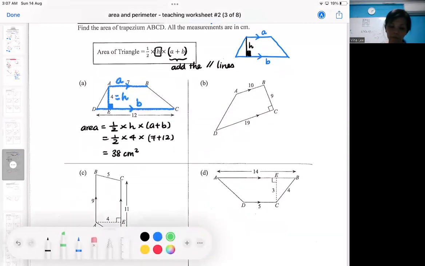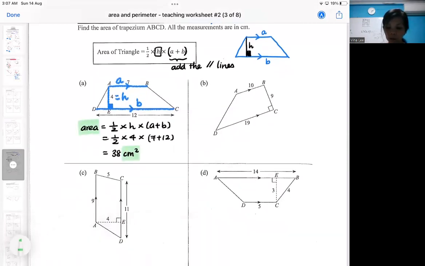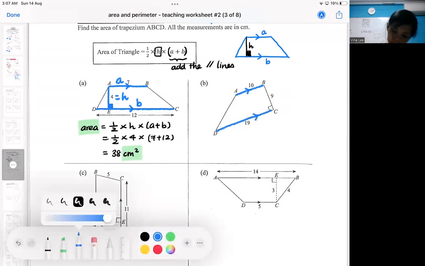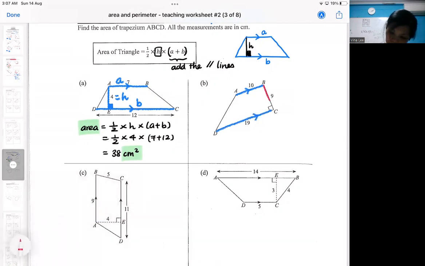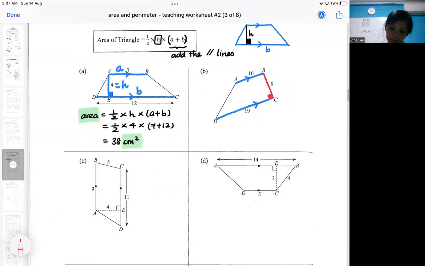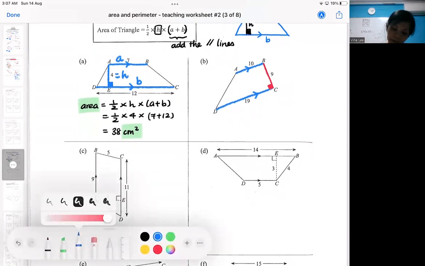So same thing, label units. Okay, so let's look. I'm going to color the parallel lines blue. And then you look at the perpendicular height. There should be a 90-degree angle. Okay, so let's look for the parallel lines.